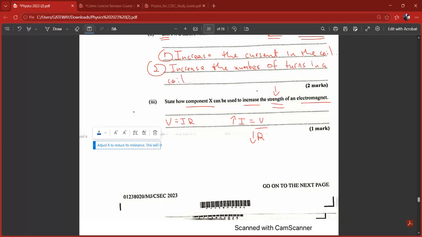This will increase the current in the coil. Right, so that is an important explanation there, and you could use the formula to come up with an explanation. If you adjust X to reduce the resistance, once you reduce the denominator, the current value therefore increases. And if the current value increases, the strength of the electromagnet increases. Understand this, right?